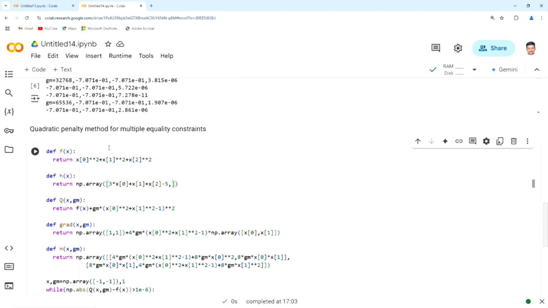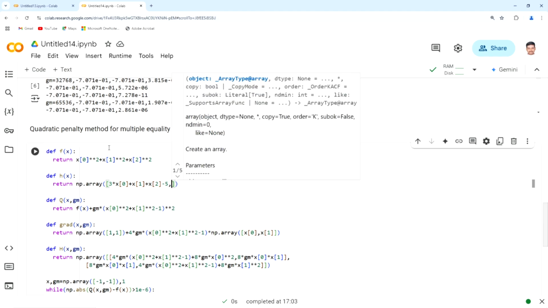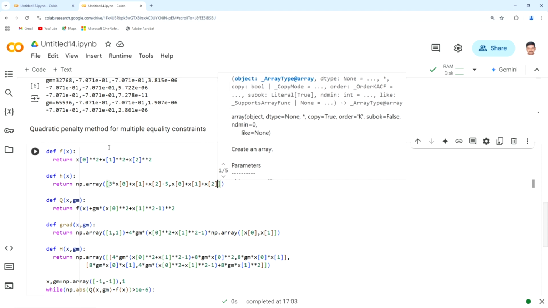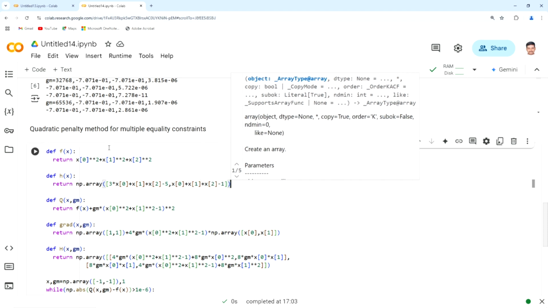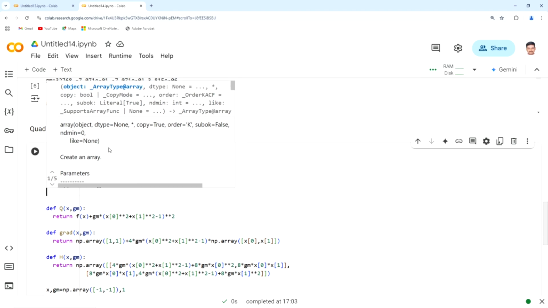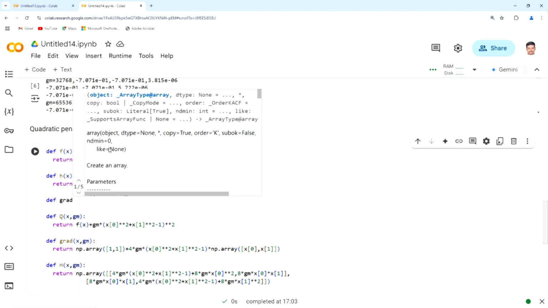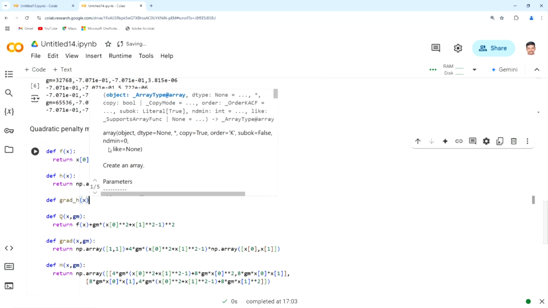So, I mean we need to write each of them as equal to 0, and x of 0 plus x of 1 plus x of 2 minus 1 equal to 0, and you write the grad h of x as follows.